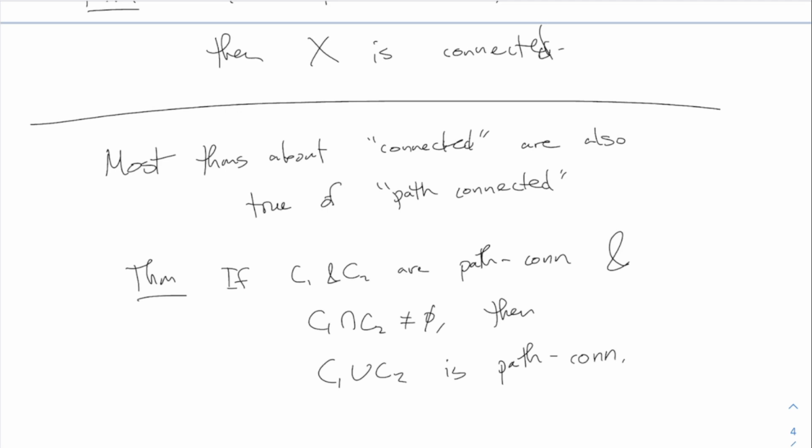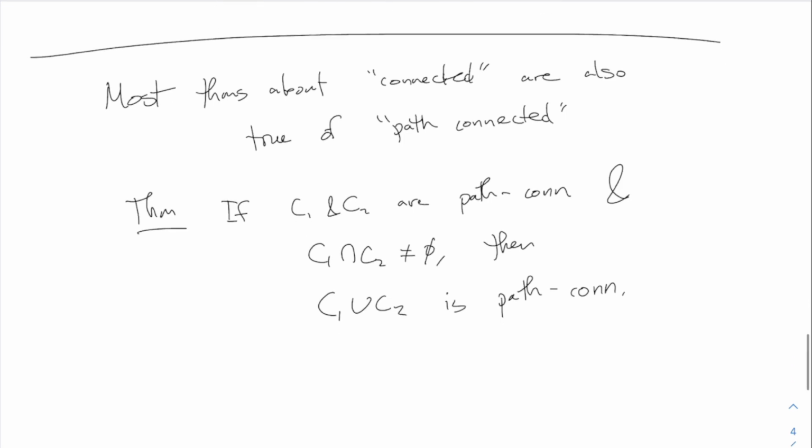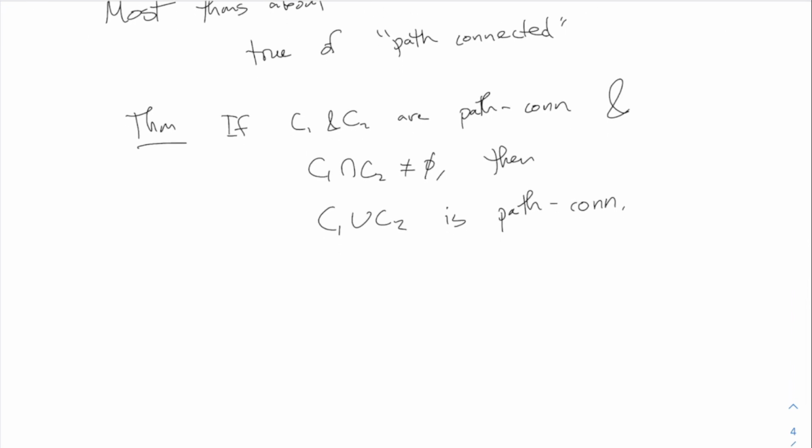If you wanted to prove this, actually I think this is going to be on the homework. But to demonstrate this actually requires a totally different argument from the ordinary connectedness version, because it's all about paths rather than separations. But yeah, that's still true. And there were others, something about the product of path connecteds is path connected.